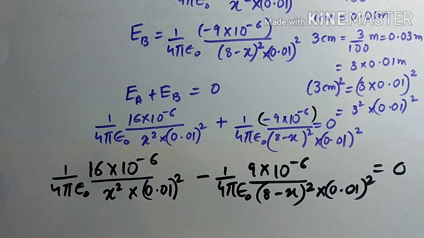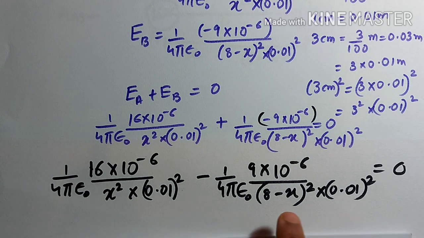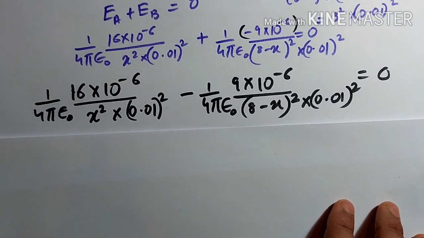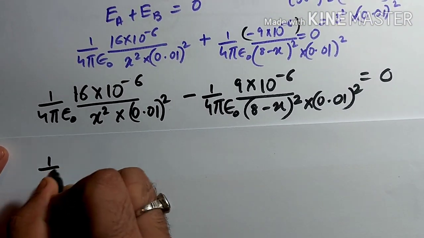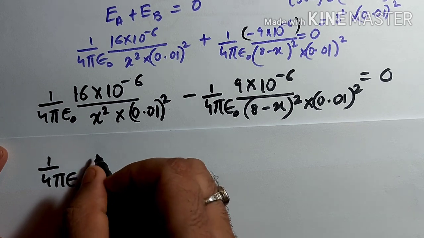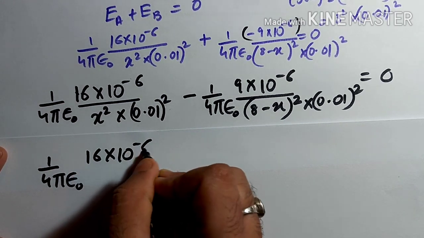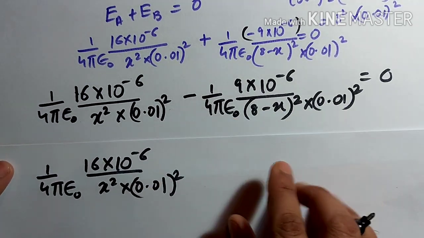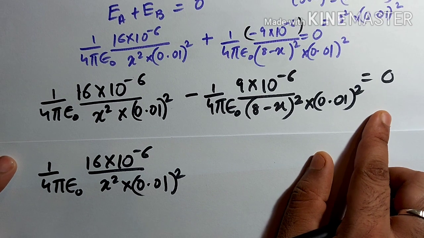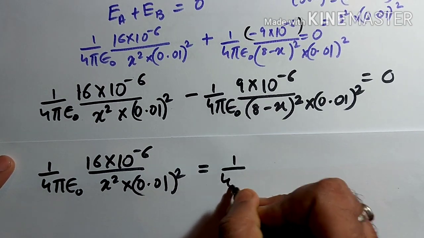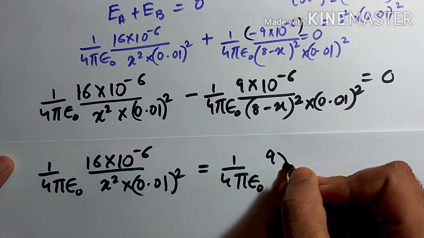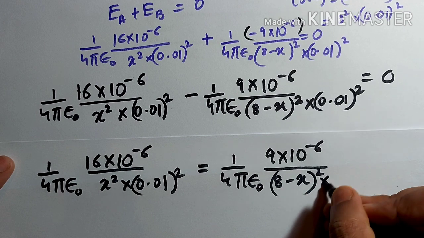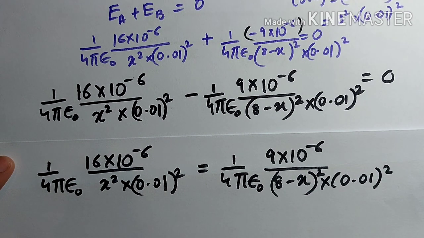Hence, when you shift this factor to the RHS part, we will get 1 by 4 pi epsilon naught 16 into 10 to the power minus 6 by x square into 0.01 whole square equal to 1 by 4 pi epsilon naught 9 into 10 to the power minus 6 by 8 minus x whole square into 0.01 whole square.